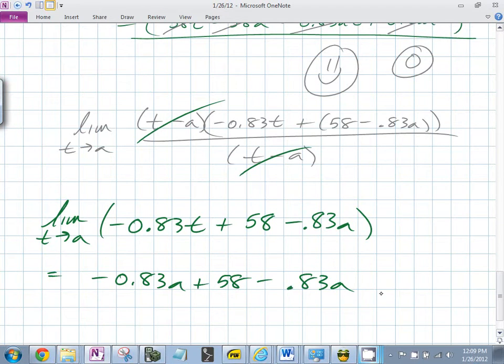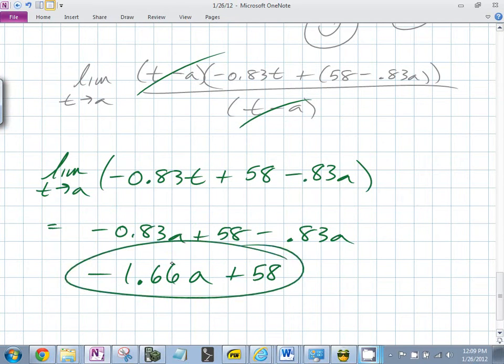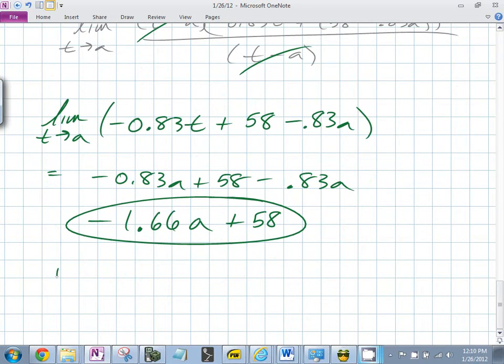So how can we check this with what we did in part A? We found the rate of change at 1. We can plug in any number we want, but let's check this. Should this also work with 1? It better. If we plug in 1, we get 58 minus 1.66.